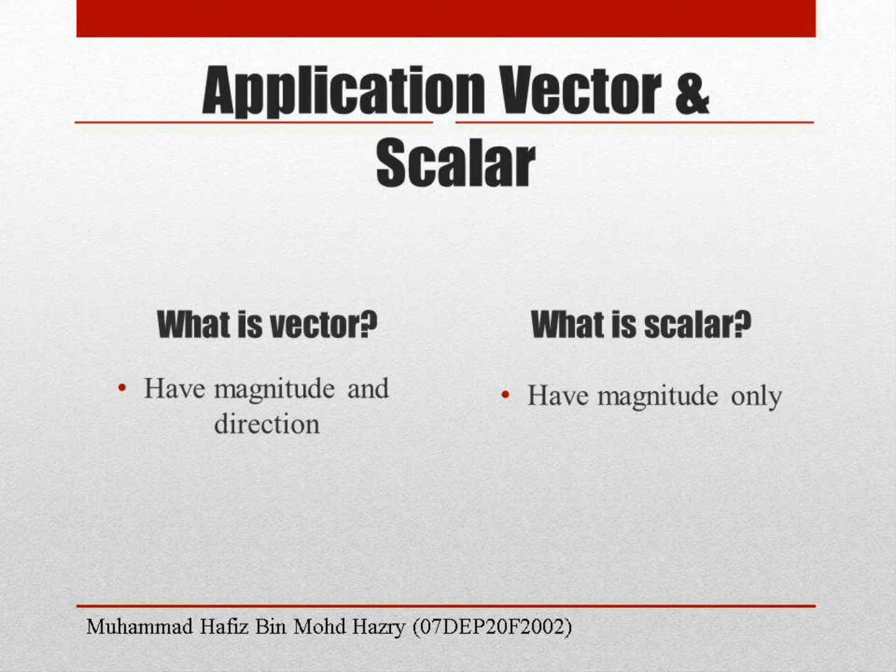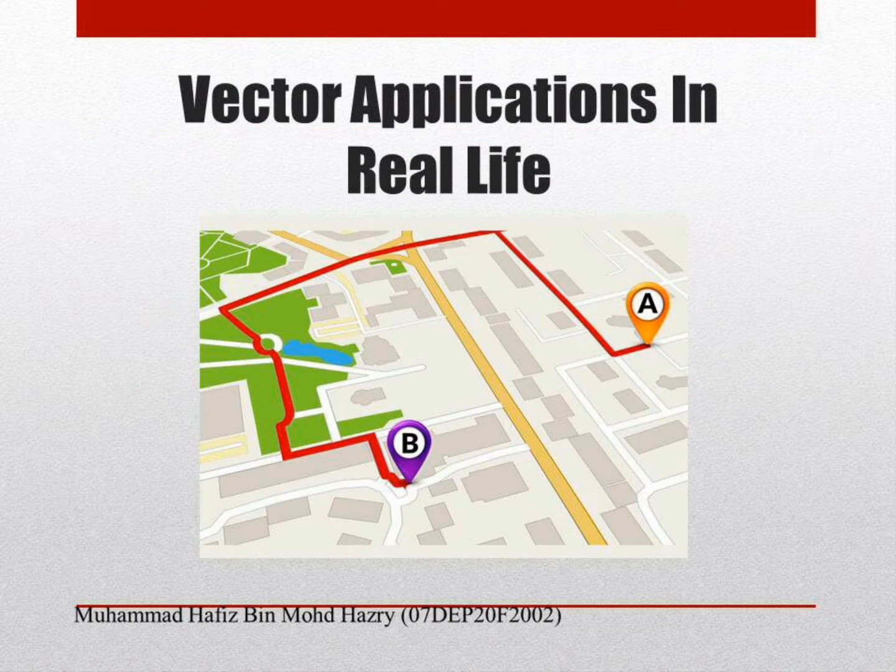Without us realizing it, vectors are actually widely applied in our daily lives. Therefore, through these tasks, we can find out how vectors can help us solve problems that arise. Vector application in real life. In navigation, vectors are used to determine a location to be a target by a moving vehicle.